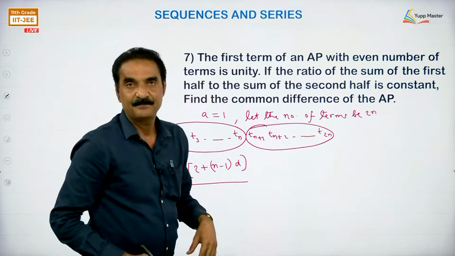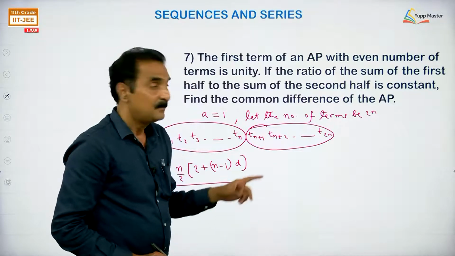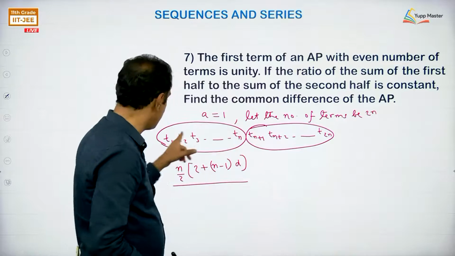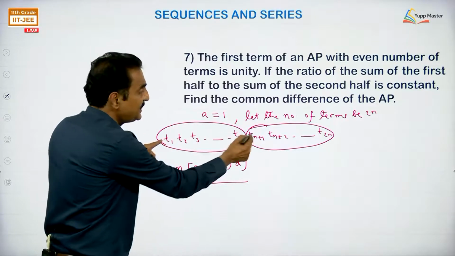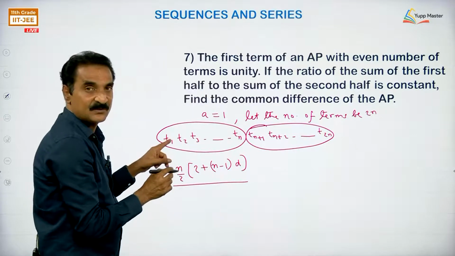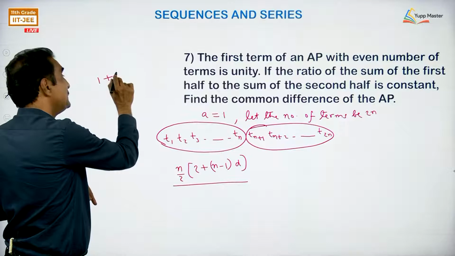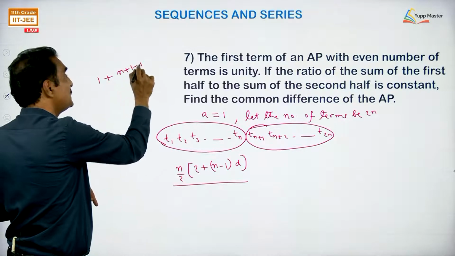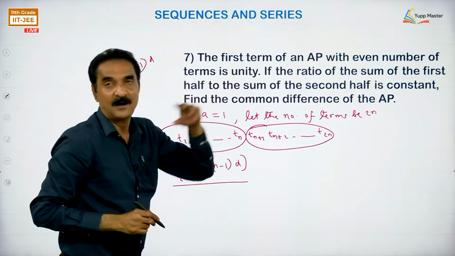Here I do not have the first term, but I can calculate Tn plus 1 from here. This is starting from here, it is the n plus 1th term. So applying the formula, a plus n plus 1 minus 1 into d. This is the first term of the second half.